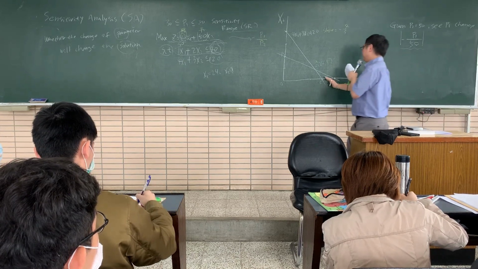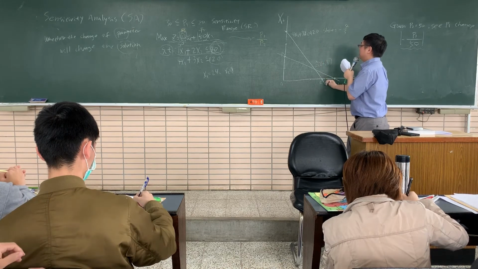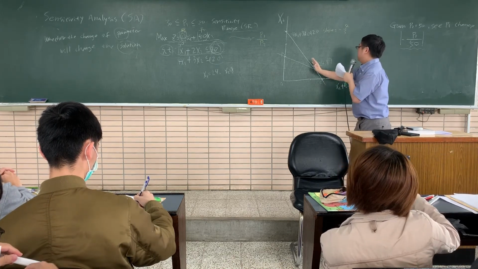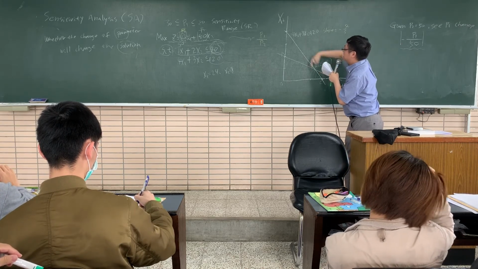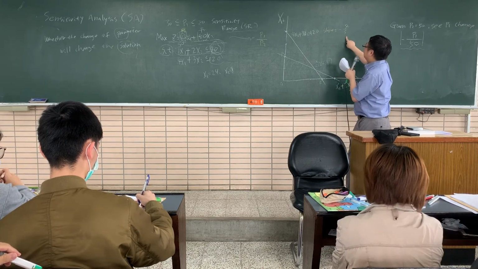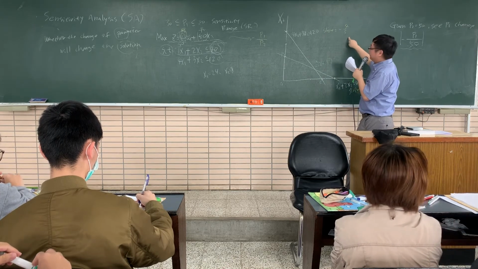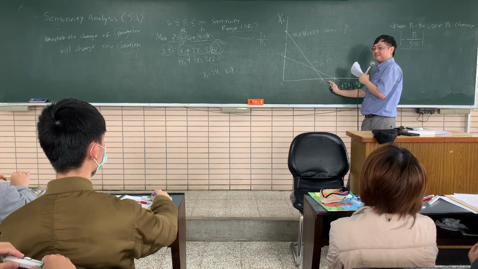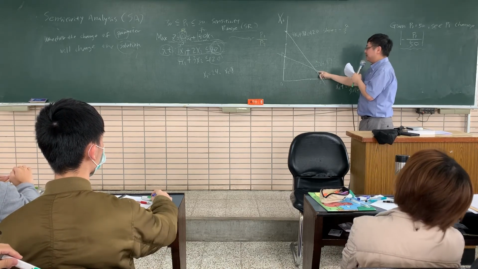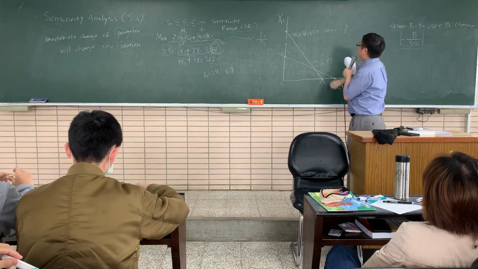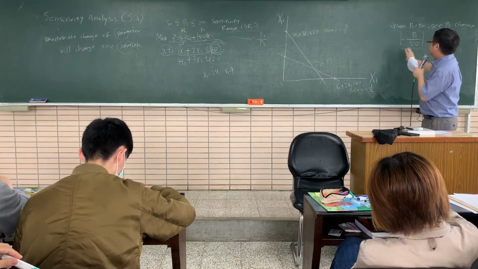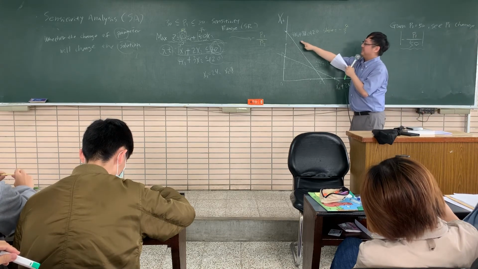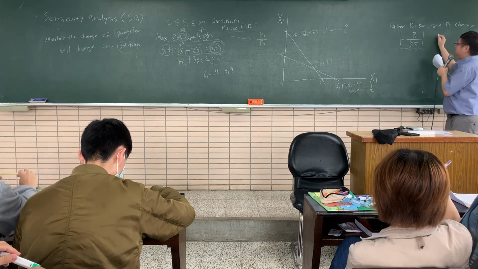Now, like I said before, if the slope of the objective function is steeper than this slope, the solution will change to point C. To remain at point B, the objective function slope cannot be steeper than this line.